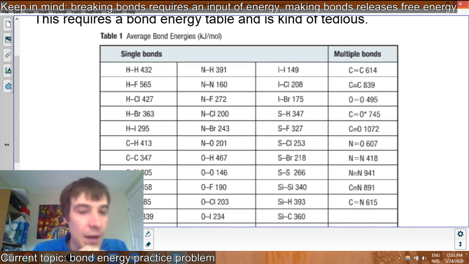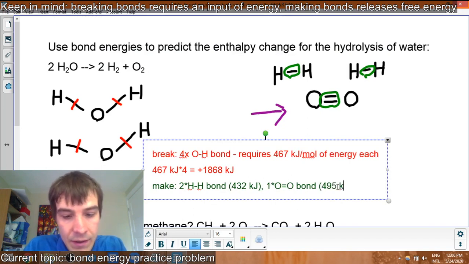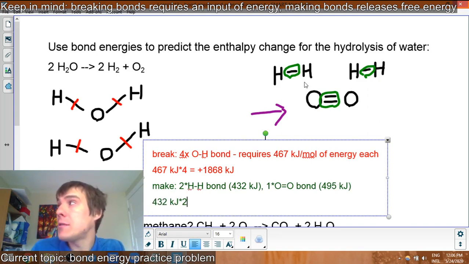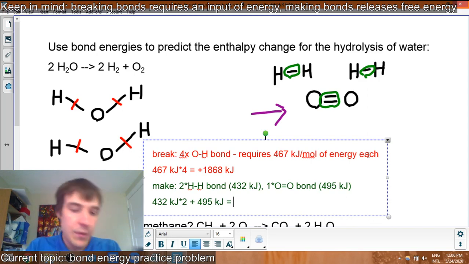Oxygen-oxygen, 495 kilojoules. So we figure out our bond energy by putting those together. 432 kilojoules times 2, because we're making 2 of them, plus 495 kilojoules.